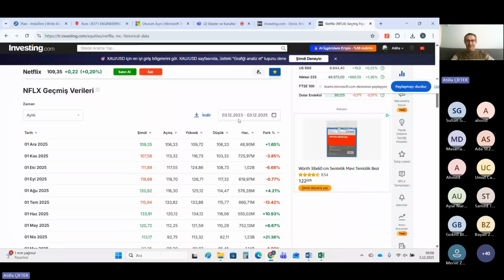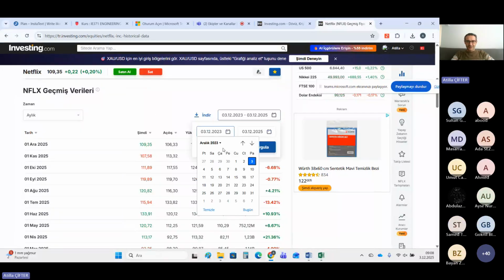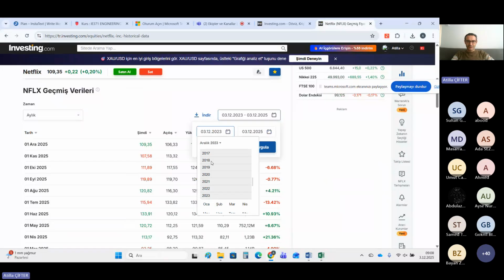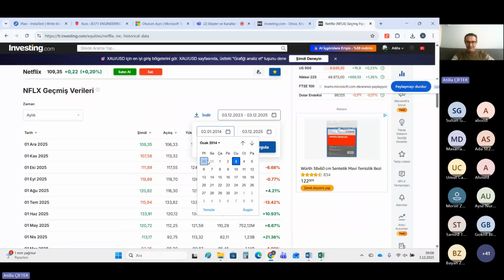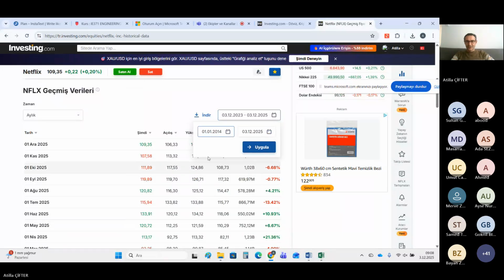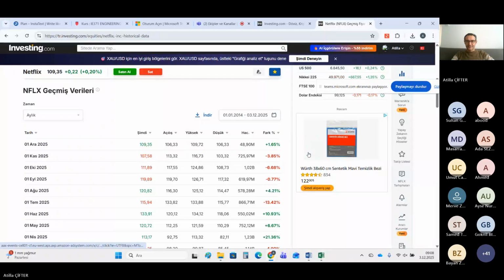Then I change the data starting from January 1st, 2014 to 2025, and then I apply.